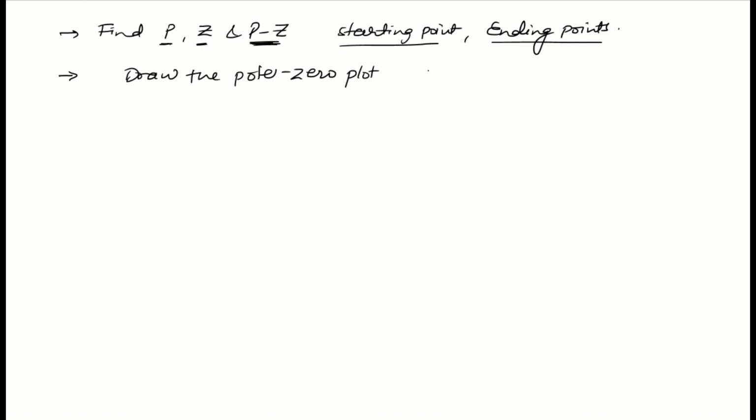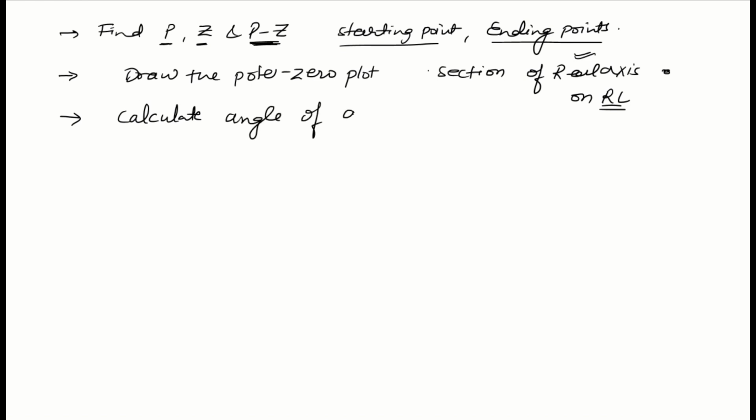Then we find the section of the real axis where the root locus exists. In the next step we calculate the angle of asymptotes, then the centroid, then the breakaway point.